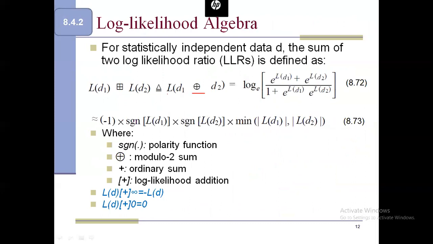If we take the log of this, it would be represented by this symbol. That is proved mathematically by this equation, but we can simplify this.